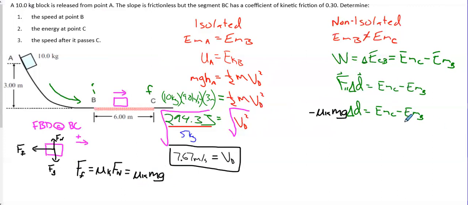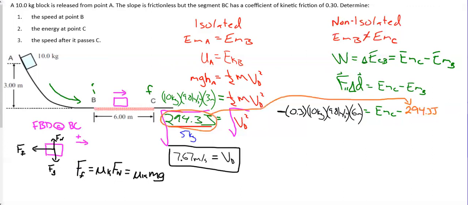I also know that my mechanical energy at part B, I've already figured that out. That was down here. So my mechanical energy at point A was equal to my mechanical energy at point B. And once I plugged in the numbers for part A, I had just slightly less than 300 joules. So I actually know my mechanical energy at point B, so I'm going to put that into the equation.